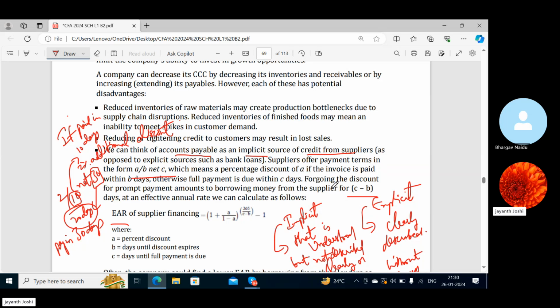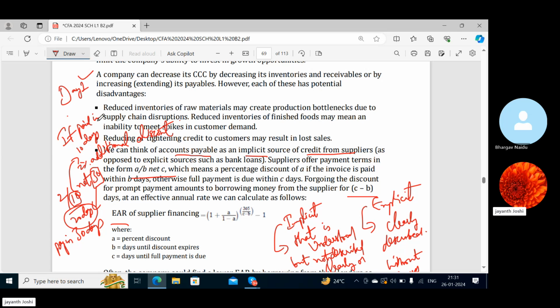So foregoing the discount for prompt payment. That means if you were to make the payment promptly, you would have taken the discount. Or if you are not making the payment promptly, that means you want to go ahead with the credit terms. If I make the payment on day one, will I get the discount?